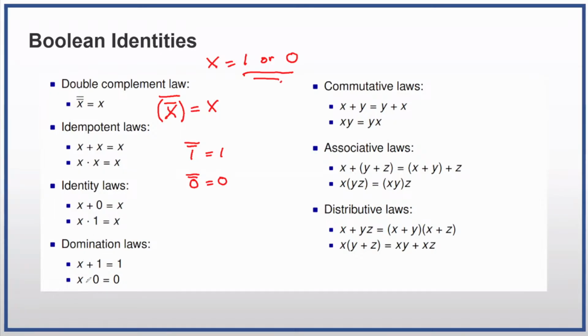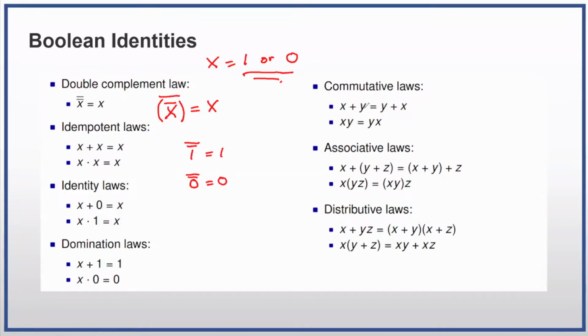Then the domination law means 1 and 0 dominate in the operation. So x plus 1, whether x is 0 or 1, gives the answer 1. And x dot 0, whatever the input x, gives the final answer 0.